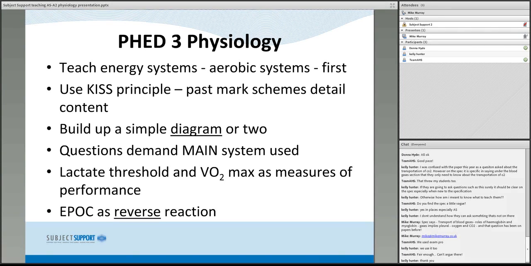The AQA spec mark schemes are slightly more simplistic than the OCR version. So for example, there's no credit given in the mark schemes I've seen so far for knowing about the enzymes involved, for example lactate dehydrogenase and that sort of thing. It's not there. So because it's not in the mark scheme, I won't teach it.